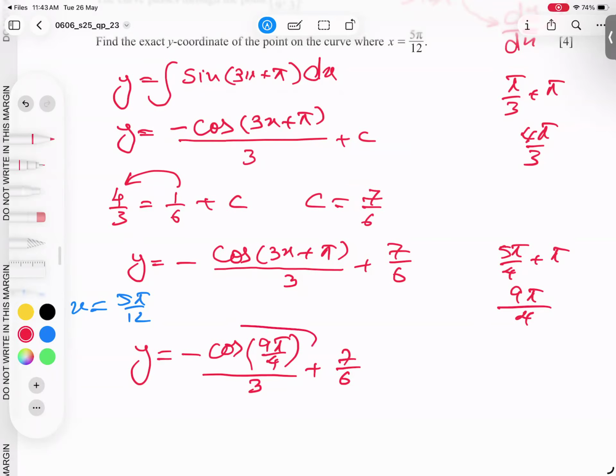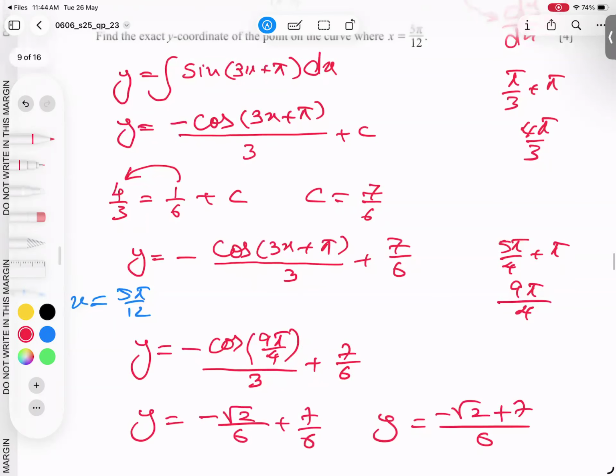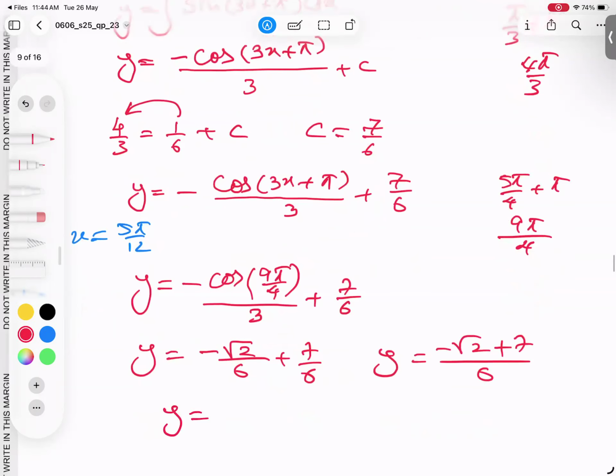So this answer is coming negative root 2, sorry, negative 2 root 2 by 2. So we are getting root 2 by 2, and the 2 goes down, becomes 6. If I take 6 as the LCM, I get negative root 2 plus 7. Or I can write 7 before, no issue at all, both are same.